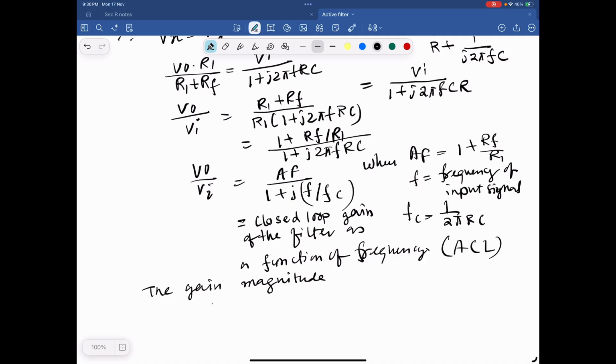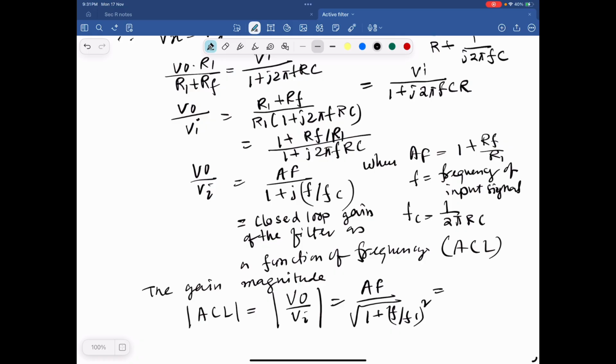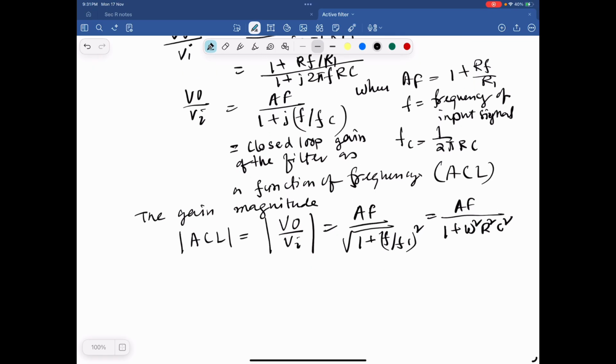The gain magnitude, that is magnitude of ACL, is equal to mod Vo by Vi, is equal to AF by under root 1 plus f by fc whole square. This is equal to AF by under root 1 plus omega square R square C square, and phi is equal to tan inverse f by fc.